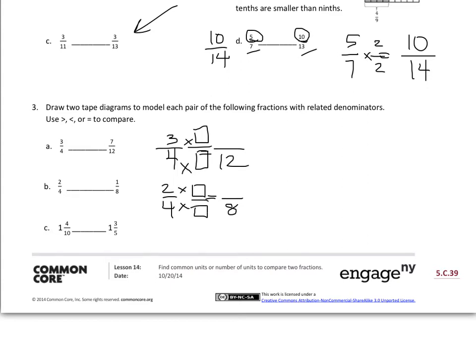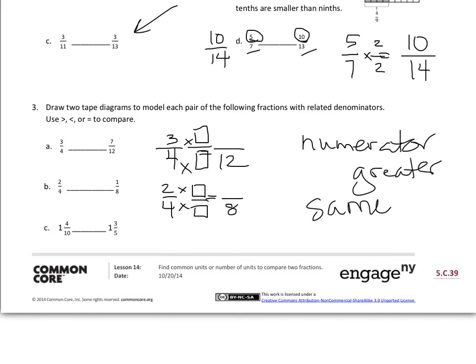The difference here, the thing that was hard for students in class, was that now we have the same size pieces. If we have the same size pieces, the greater numerator is the greater fraction when we have the same denominator. So what this is saying is when we have equal pieces, the number that we have more of is going to be the larger fraction.